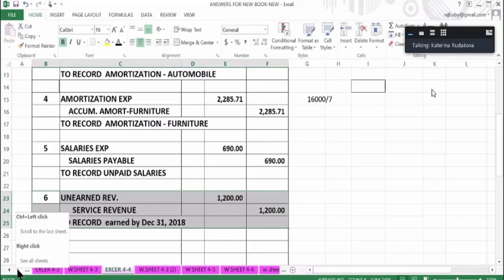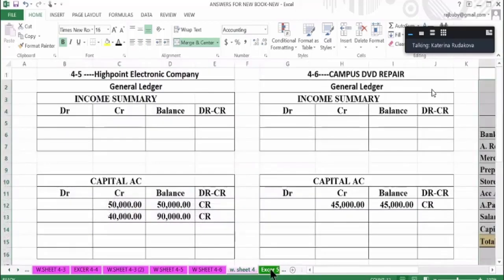The basic sequence of closing entries is: first, close revenue accounts. Debit all revenue accounts and credit the income summary account, thereby clearing out the balances in the revenue accounts. Second, close expense accounts. Credit all expense accounts and debit the income summary account, thereby clearing out the balances in all expense accounts.